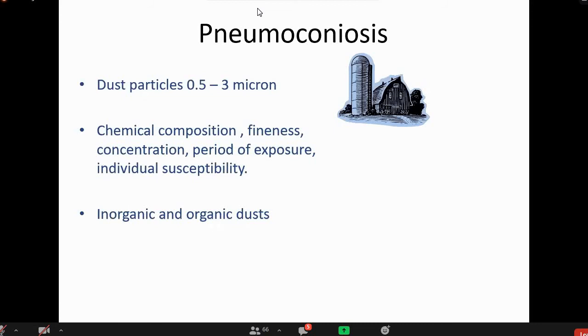The dust particles could be 0.5 to 3 microns, and the effect depends on the fineness, the concentration, and the period of exposure. For example, if somebody has been exposed to those fine materials for only half an hour, it is not going to affect so badly as when exposed for 2 hours or 5 hours or 10 hours at a stretch. So it's very important.